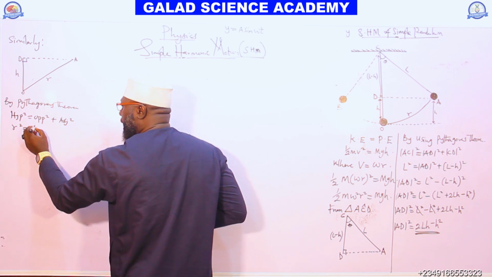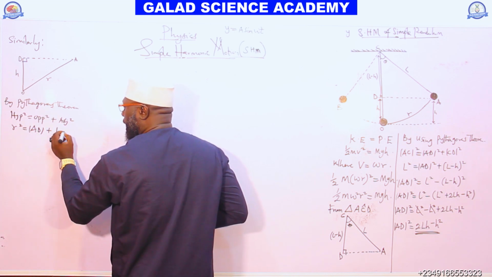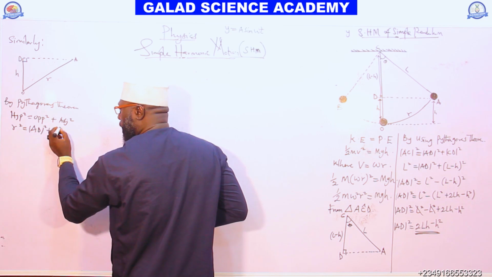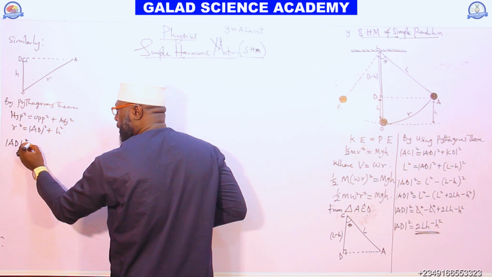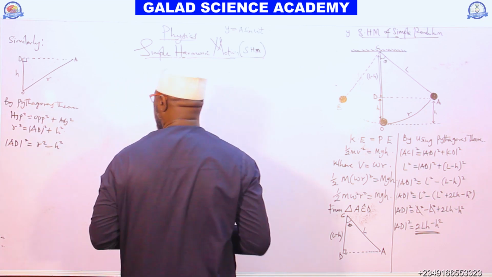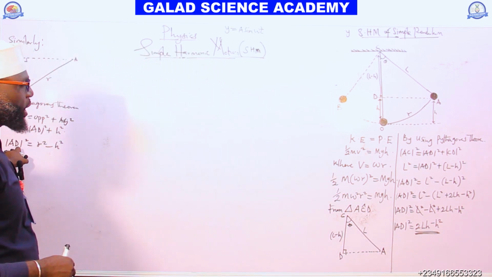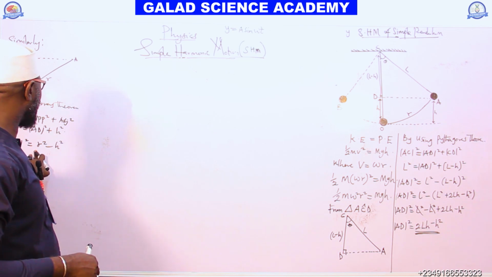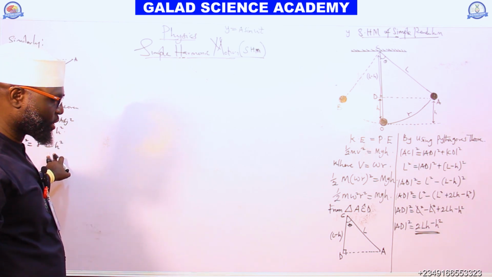Opposite is AD plus H, you know, square. So you have AD square equal to R square minus H square.